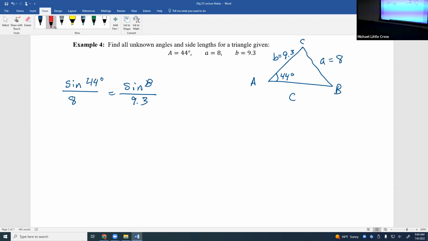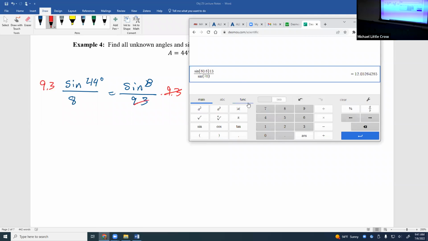And again, just a calculation, 9.3. So we'll put all of that into our calculator. There, 9.3 times sine of 44.